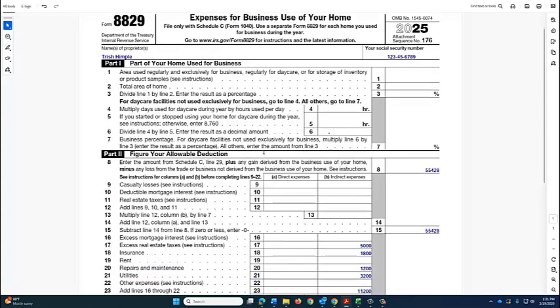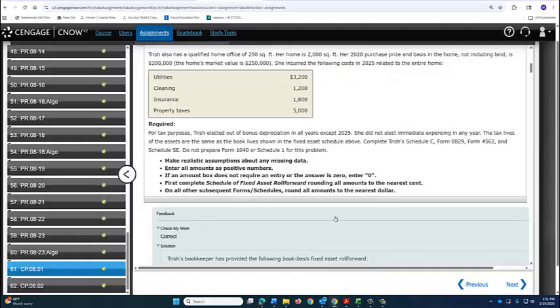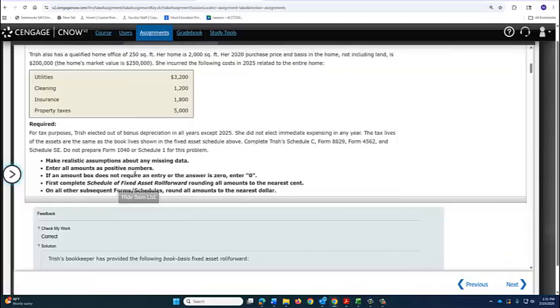On the first part of Form 8829, they're asking for the percentage of your home that you used for business. So if we go back to our assignment, we'll see that it says Trish has a qualified home office of 250 square feet. Her home is 2,000 square feet.